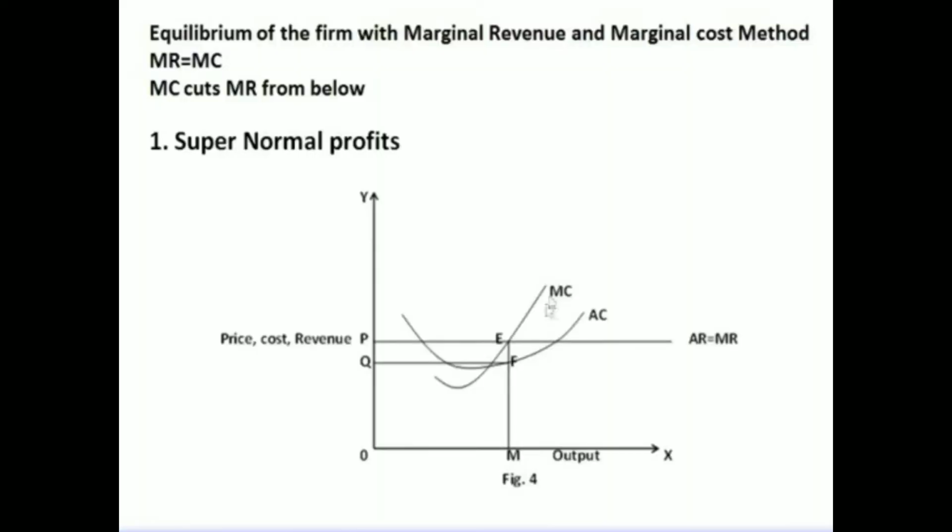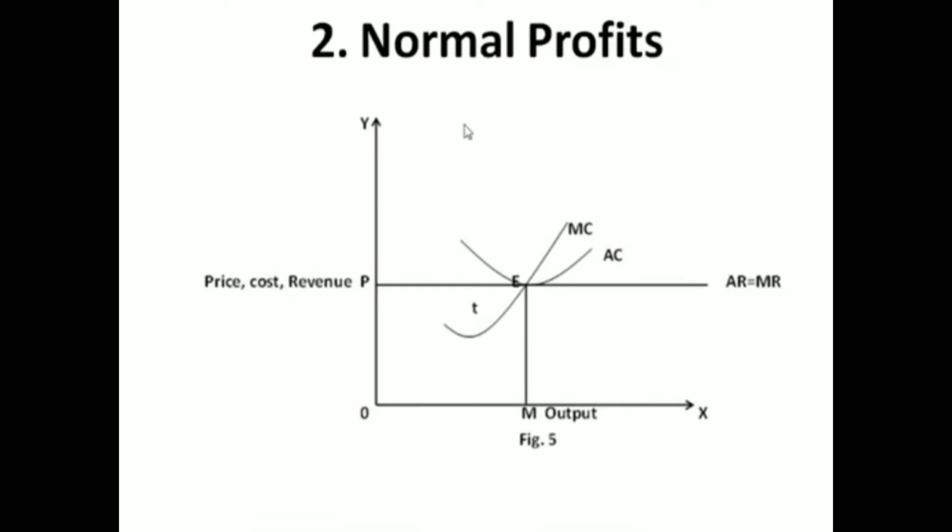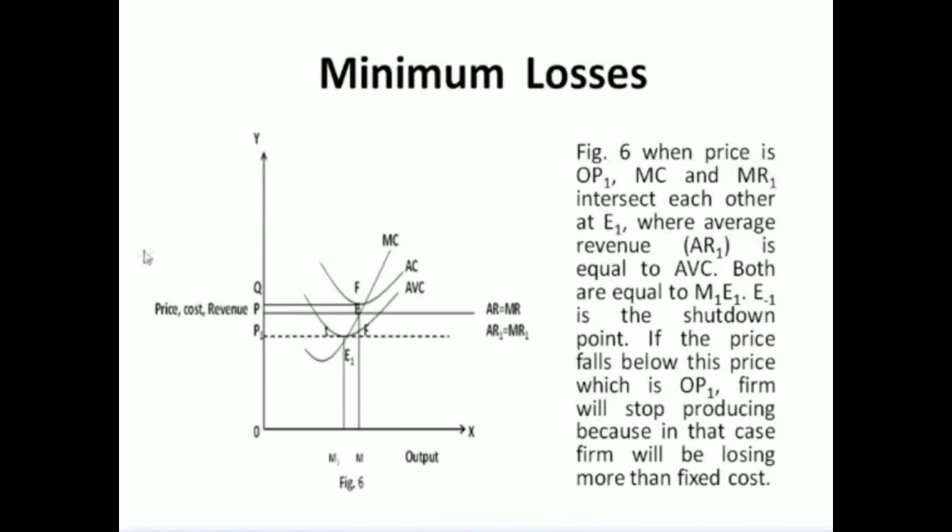So the firm stops the production at MR is equal to MC. So we can look at the different short-run equilibrium situations, that is supernormal profit, normal profit, and minimum losses incurred by the firms using the MR-MC method.